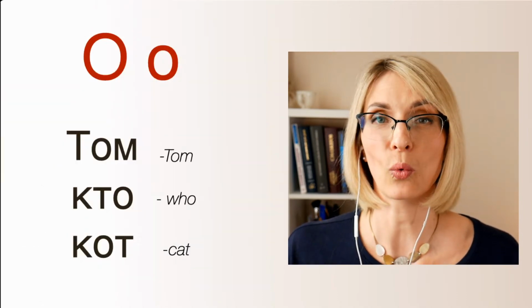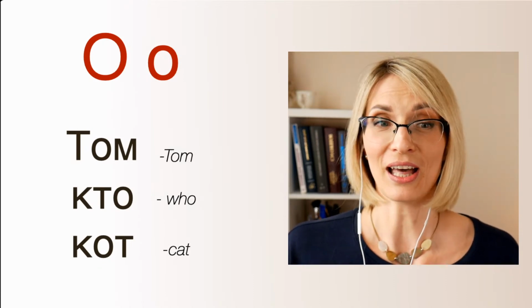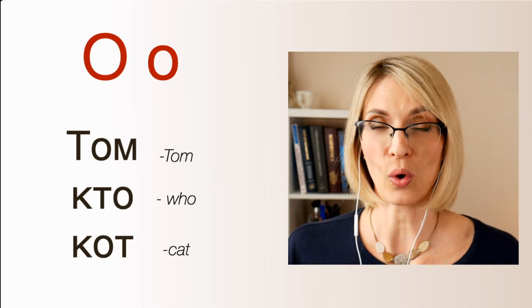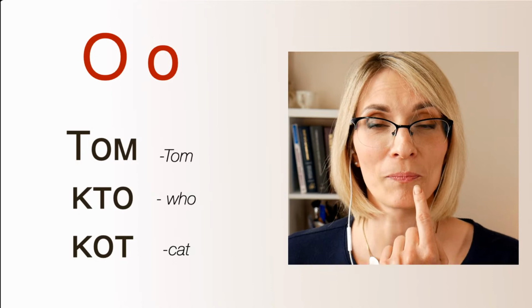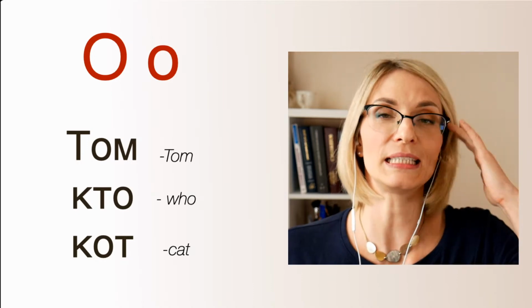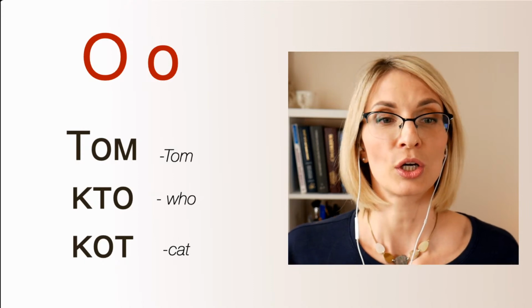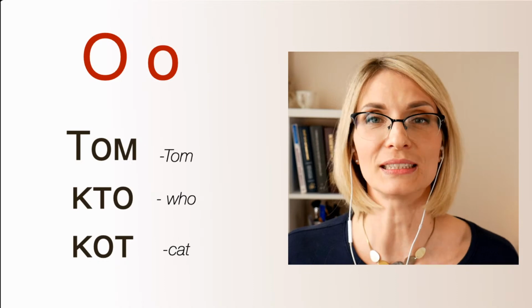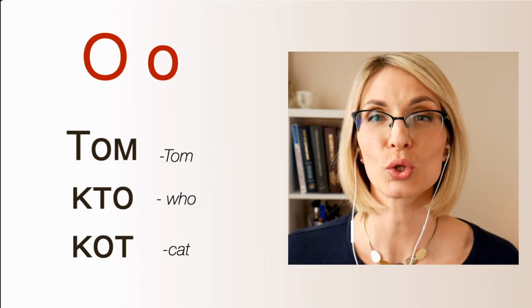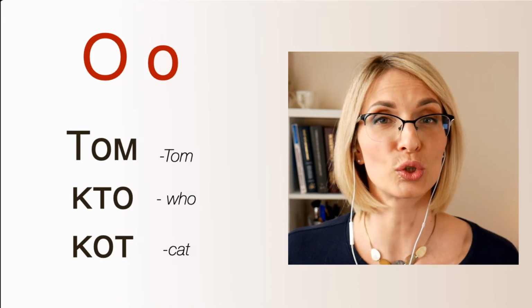The vowel O is so much darker than in other languages. O, O. Look at my protruded lips. O. It's a very dark and deep sound. O, O. Tom, tom. It's not Tom, it's tom. Kto, kto.